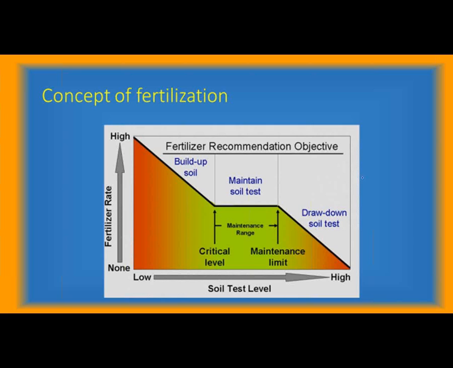Well, you're still soil testing at some point. Let's say you soil test and all of your values are in what's called the maintenance range. So the soil's okay, it's not too high, it's not too low, but you're taking off nutrients. So you're still planning forward for what's happening.